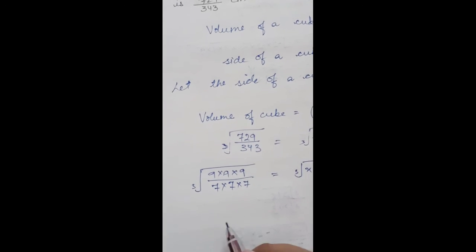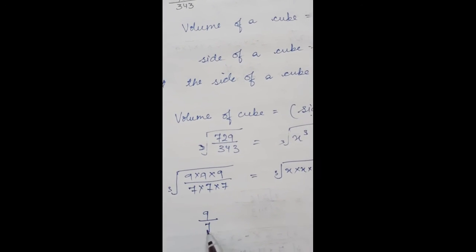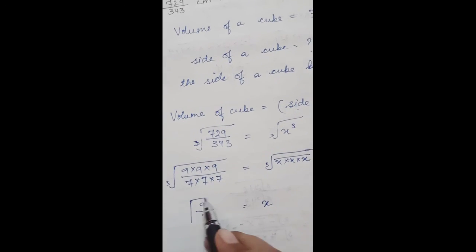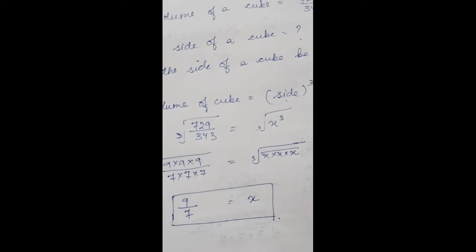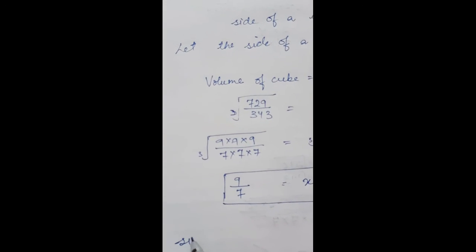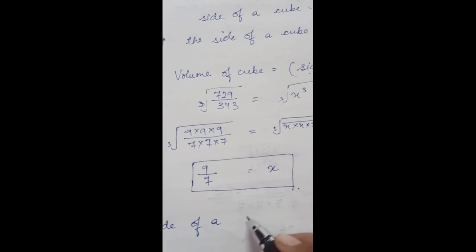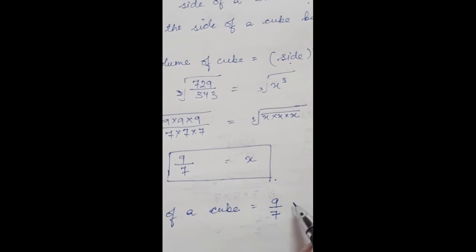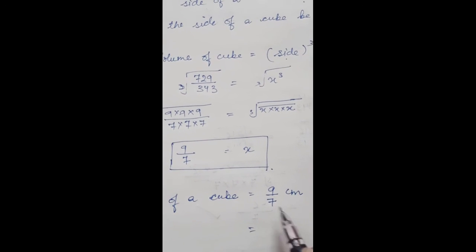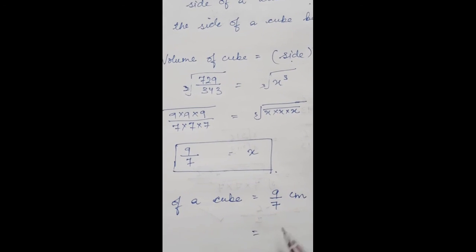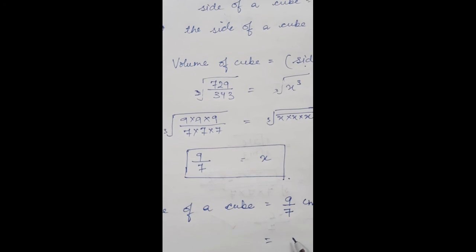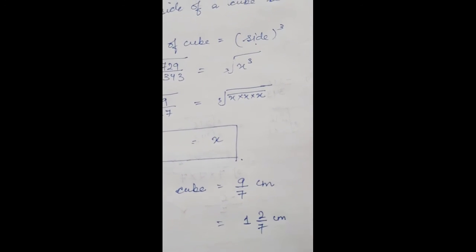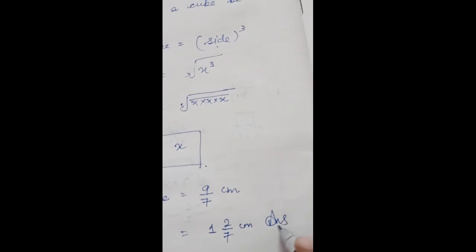So from here we'll pick 9, from here we pick 7, and from here we'll pick x. So here we get the value of x as 9 by 7. It means that the side of the cube is equal to 9 by 7 centimeters. Change this from an improper fraction into a mixed fraction. So here you will get 1 whole number, 2 by 7 centimeter. This is your required answer.